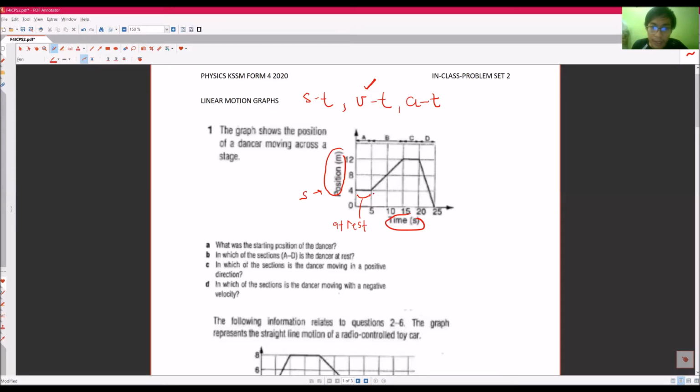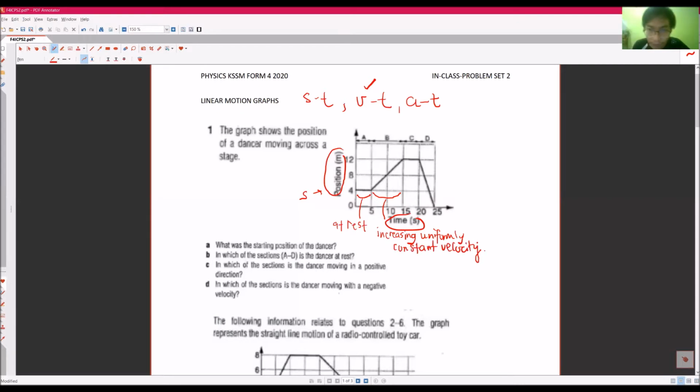But during the next 10 seconds, from 5 to 15, the dancer changes its position gradually and uniformly. So the displacement is increasing uniformly, which also means that it's at constant velocity.